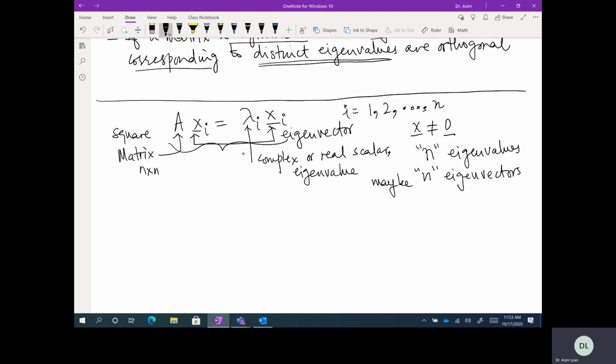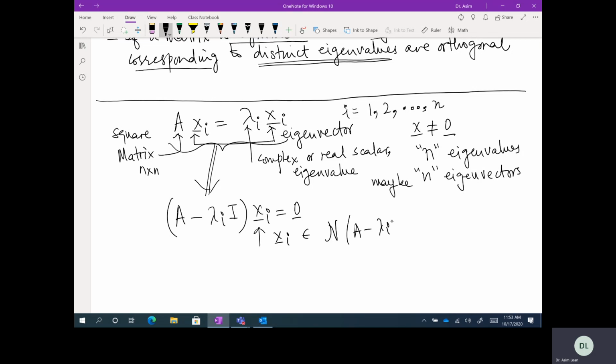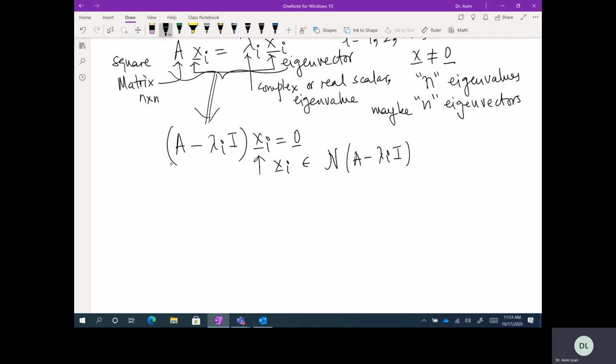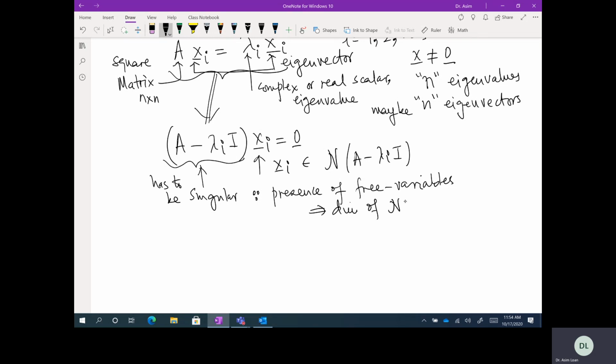The special form that we get is the Jordan form. From this equation, we said (A minus lambda I) times x_i equals 0, and we said x_i belongs to the null space of A minus lambda I. So this means this matrix has to be singular, because the presence of free variables, if you recall chapter 2, implies the dimension of the null space of A minus lambda I is greater than 0, which means it contains x not equal to 0.